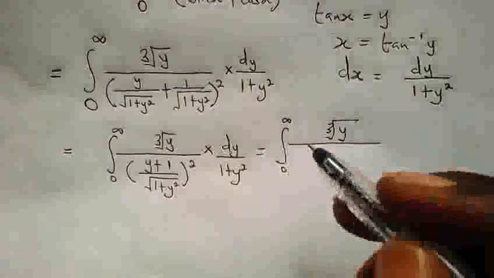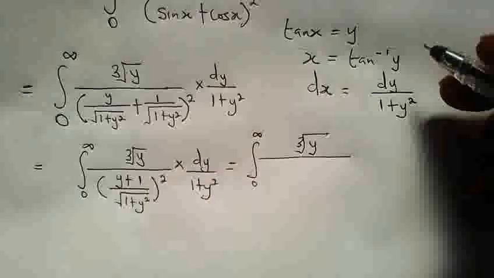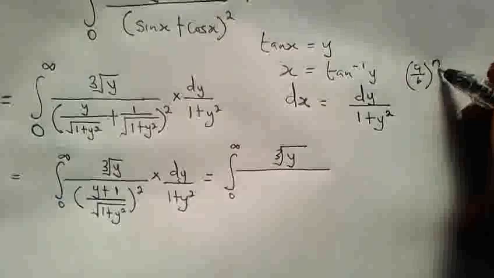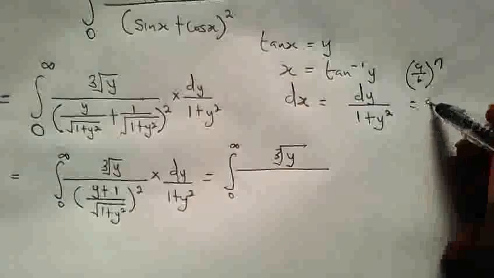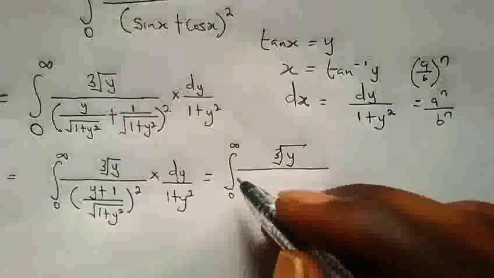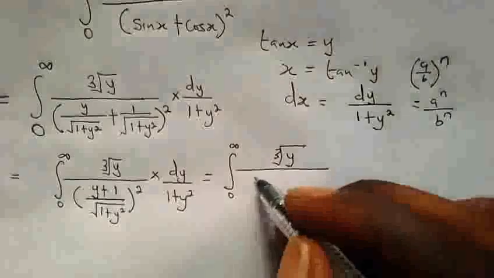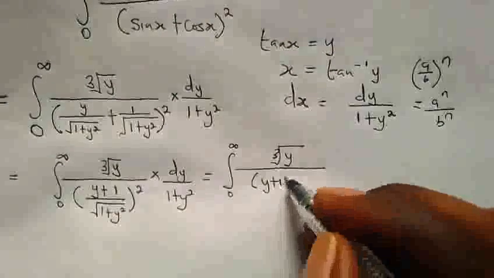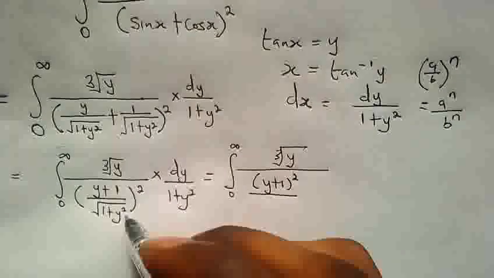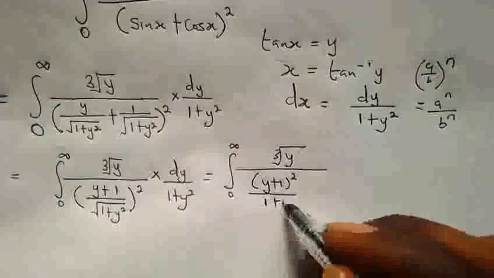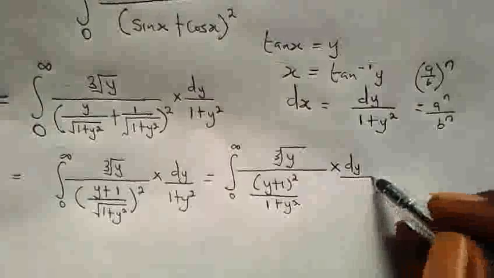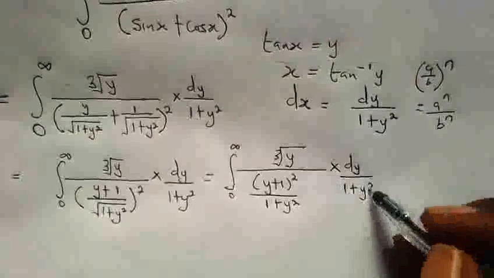Remember, we're going to make use of the indices law that (a over b) raised to n is the same as a raised to n over b raised to n. So here we'll be having (y plus 1) squared over the square root of 1 plus y squared, squared, so we are just left with 1 plus y squared, then times dy over 1 plus y squared.